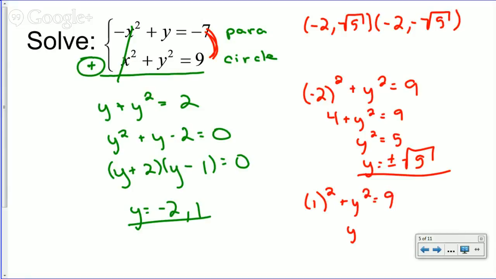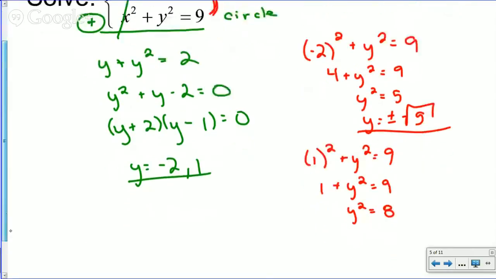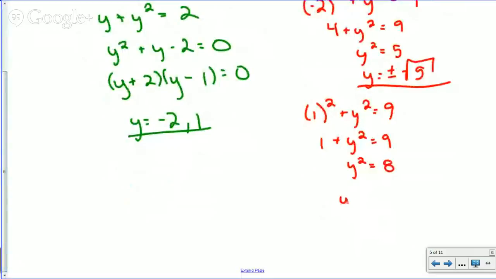Then we'll plug in y equals 1: x squared plus 1 squared equals 9. So that's x squared equals 9 minus 1, that's x squared equals 8. And so we have x equals plus or minus the square root of 8, which turns into plus or minus 2 radical 2.